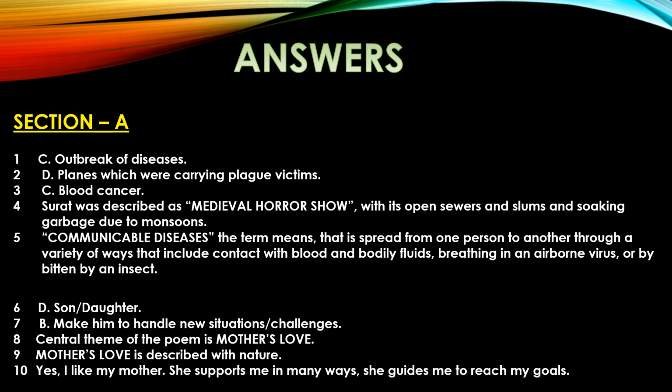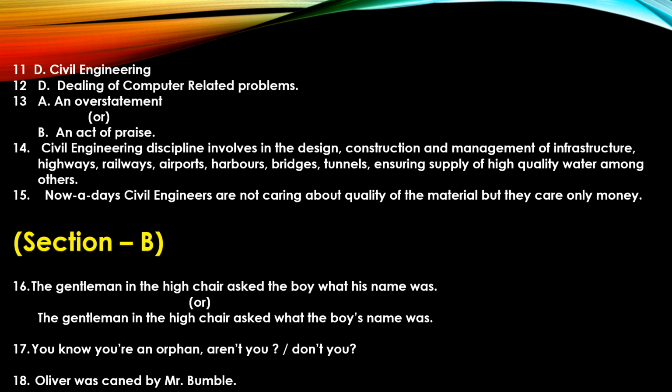In 6 to 10, only 2 questions are multiple choice and the remaining 3 are very short answers. And again in section A, in questions 11 to 15, 3 are multiple choice and 2 are very short answers. Coming to section B, questions 16 to 18, we have to write as they direct us.